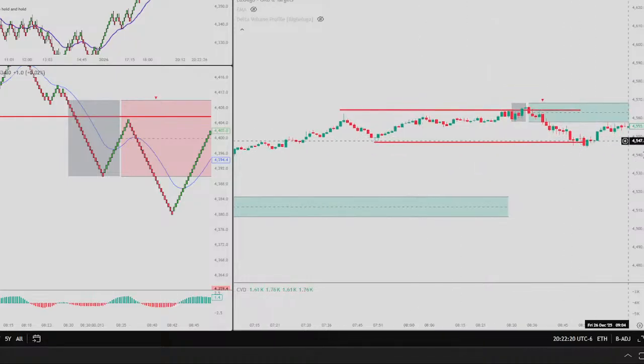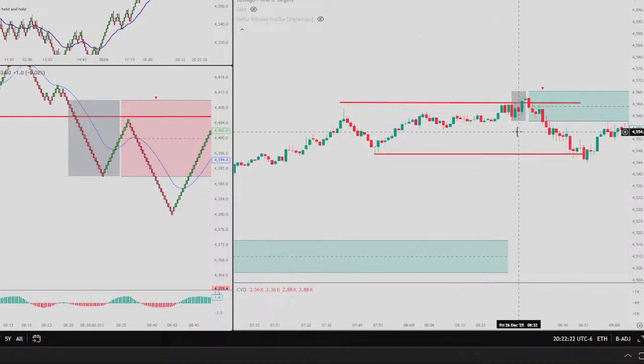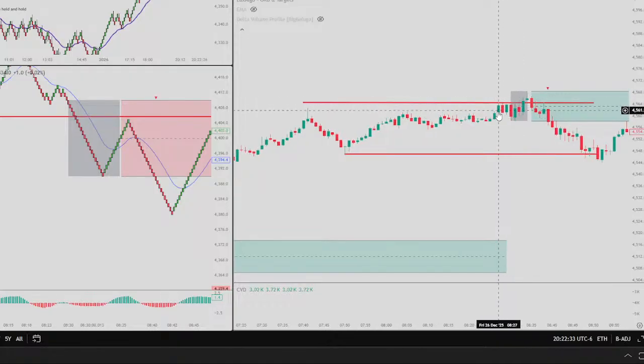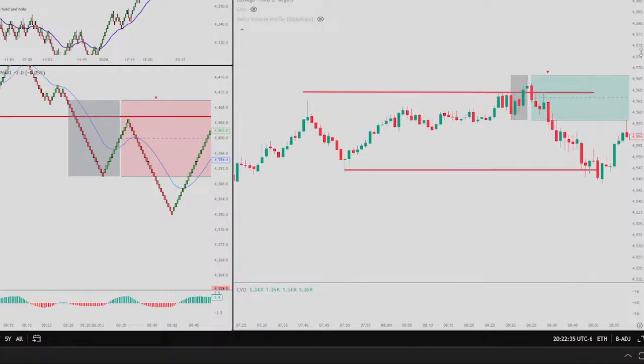So what ended up happening? We opened here near the high. Look at this. We have open, close, open, close, open. These candles are almost engulfing.